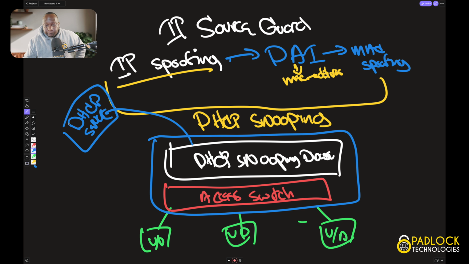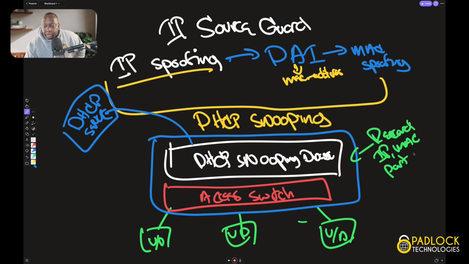When you turn on IP source guard, every port here is basically untrusted, just like DHCP snooping, but this will also prevent traffic other than DHCP from being allowed on that port. Then when you get a DHCP address, it will record the IP, MAC, and port that that address is a part of.